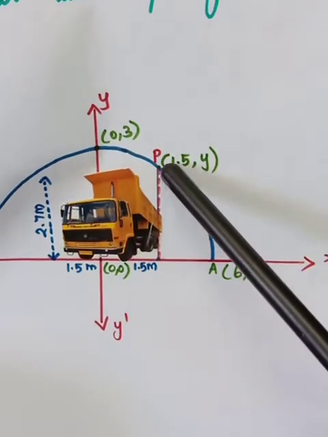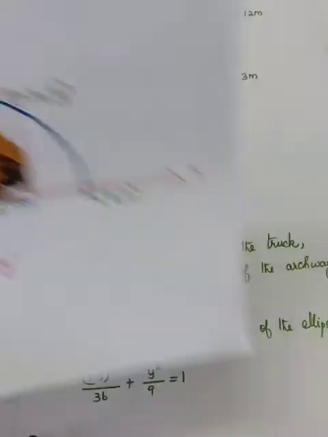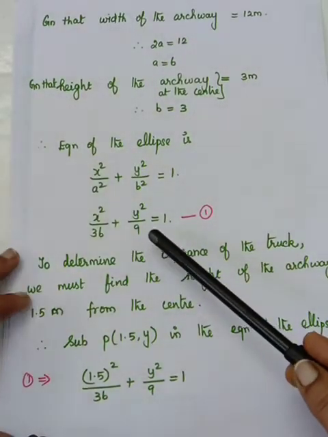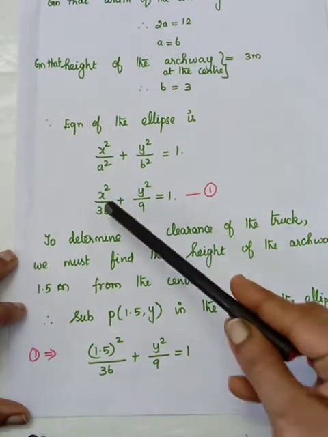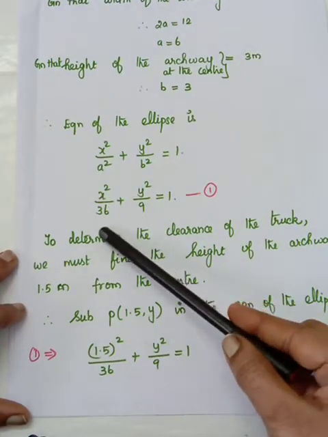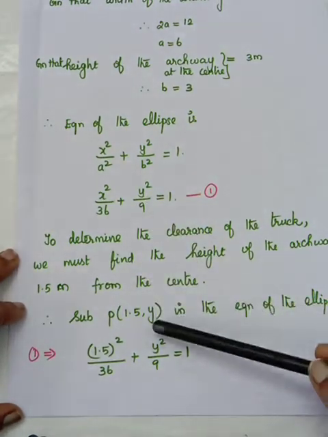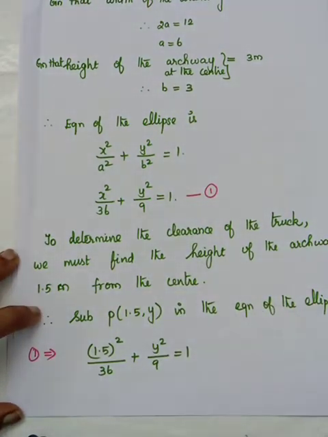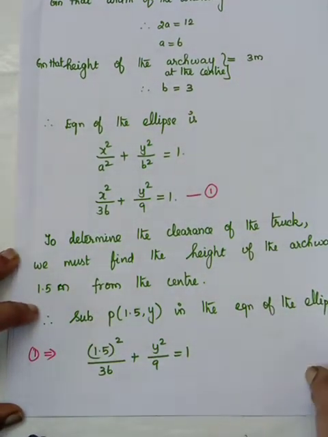So this point P, 1.5 comma y, has to be substituted in the equation of the ellipse. In the place of x you substitute 1.5. So 1.5 the whole squared by 36 plus y squared by 9 is equal to 1. This 1.5 we can write as 3 by 2.